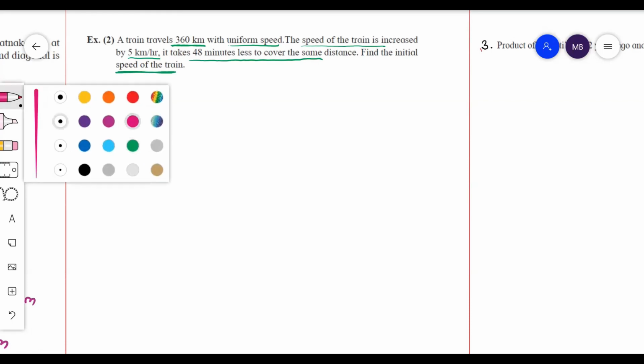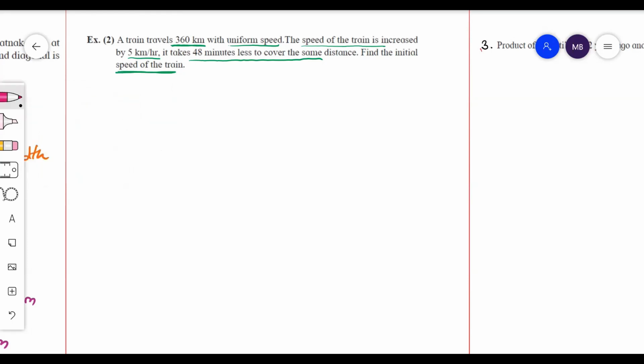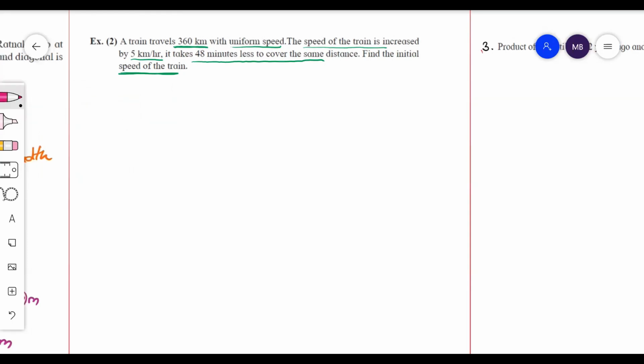Whatever is asked, what do we need to put it as? Put it as x. So let the initial speed be equal to x kilometer per hour. So what is the distance traveled?